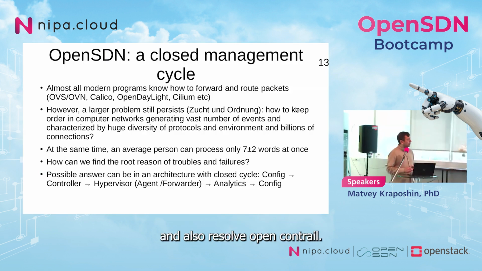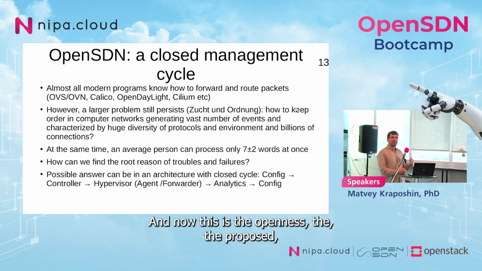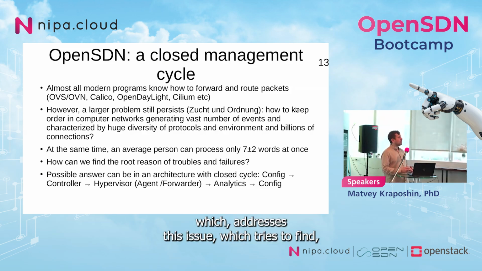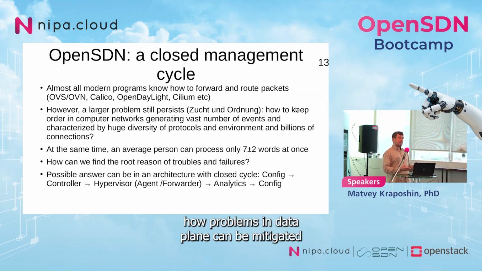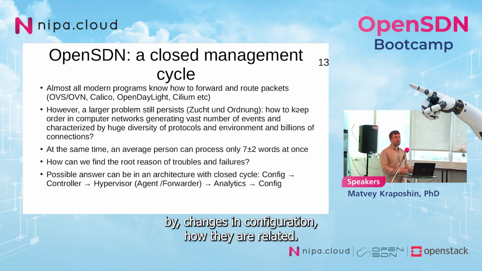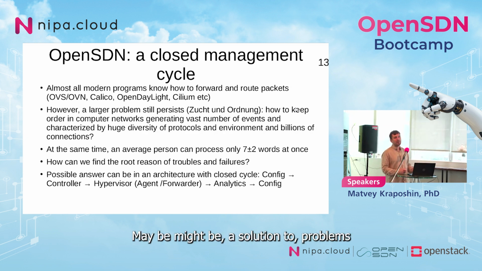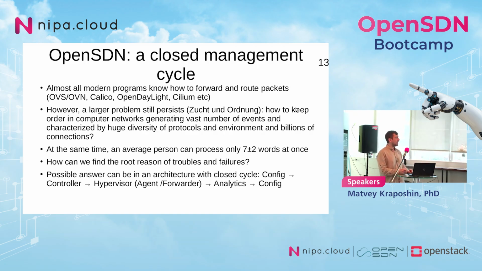The authors of OpenContrail, and now this is OpenSDN, proposed the so-called analytics component, which addresses this issue, which tries to find how problems in the data plane can be mitigated by changes in configuration, how they are related. So this closed coupled management cycle might be a solution to problems.